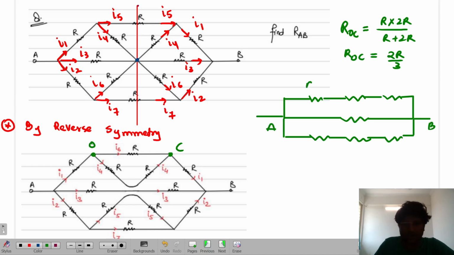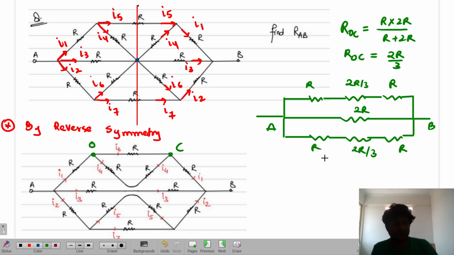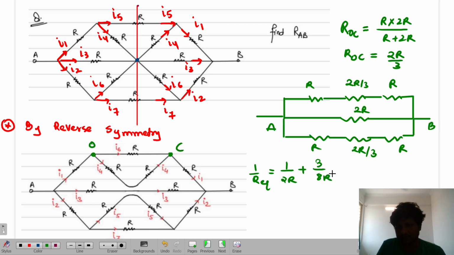This is R, 2R by 3, R, 2R, R, 2R by 3, and R. So this is 3R plus 2R by 3, that is 8R by 3, 8R by 3, and 2R. They are in parallel, so the formula is 1 by R equivalent equals 1 by 2R plus 3 by 8R plus 3 by 8R. So this R equivalent comes to, I'll write it directly, 4R by 5 ohms.